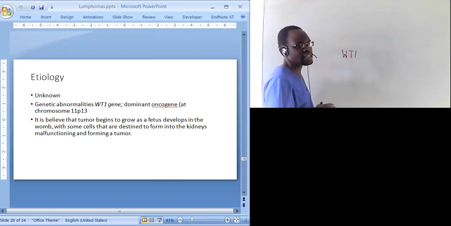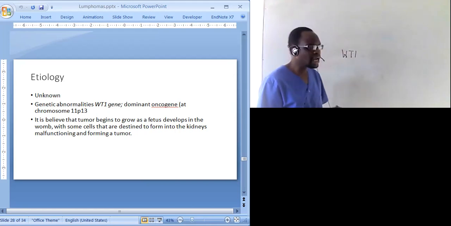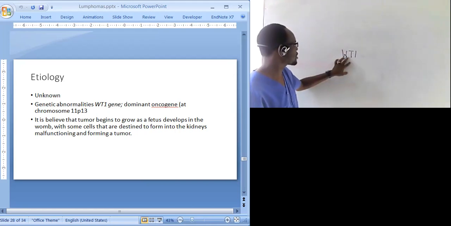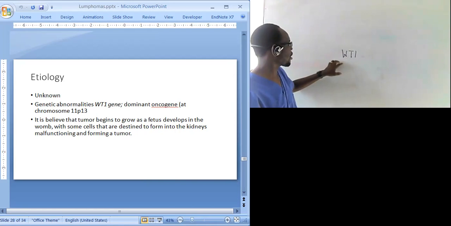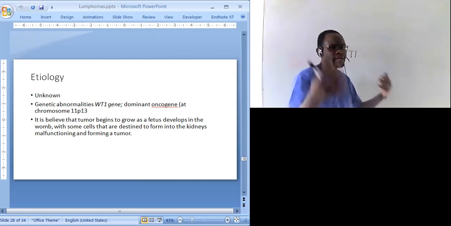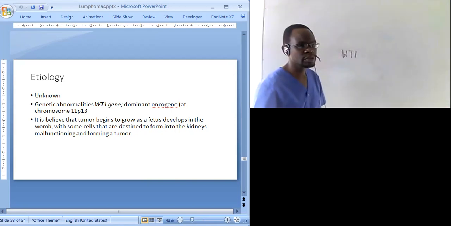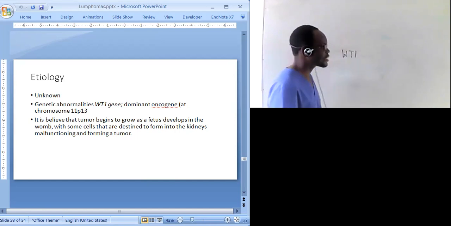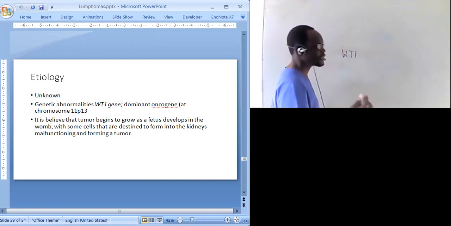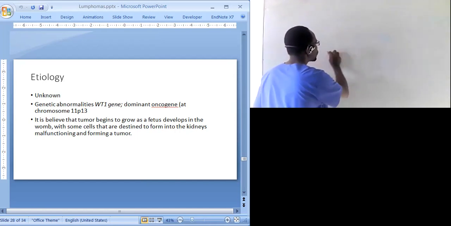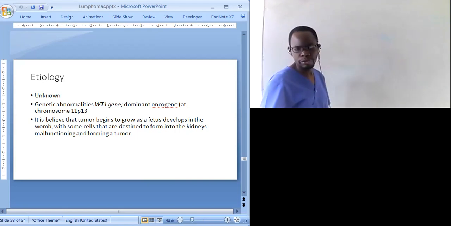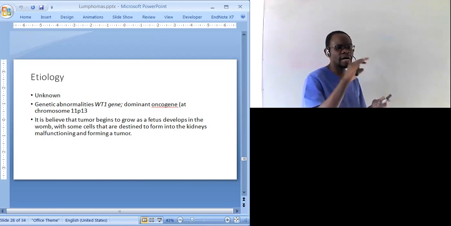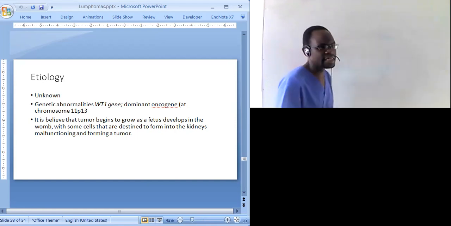So WT1 is basically an oncogene that is implicated in the development of Wilms tumor, and it's usually at chromosome 11, at the site 13, as you can see there.